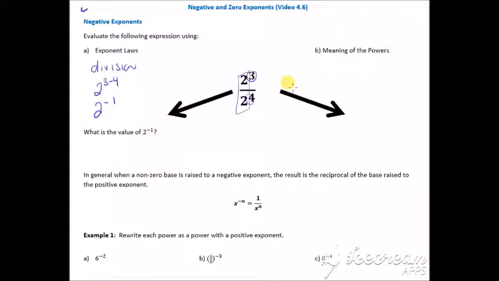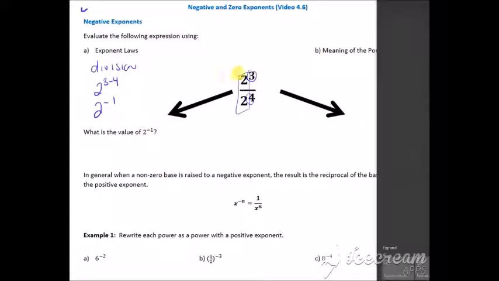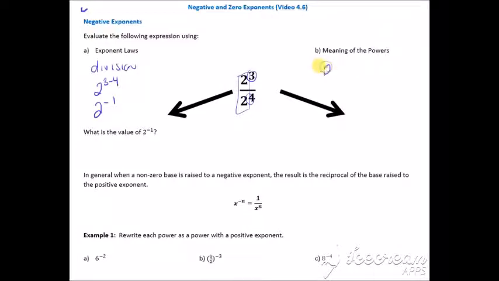If we're focusing on the meaning of the powers, 2 to the exponent 3 means 2 times 2 times 2. Then we put this over 2 to the exponent 4, which is writing it out 4 times. So this is a little bit of expanded form. If we cancel these, we have 1 over 2 left.